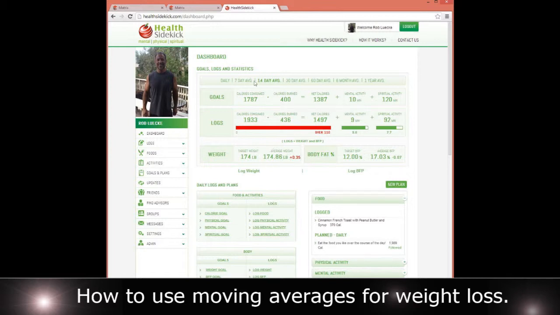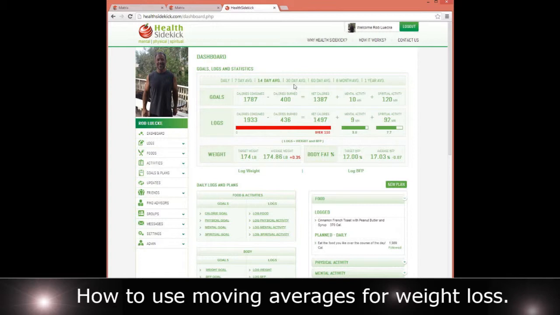What's going on? In this period I gained 2.5, and in this period I gained 0.35, and I was doing about the same amount of spiritual, mental, and physical activity as far as work-wise, right? My equation to overall health is about the same in my 7-day as it is in my 14-day.